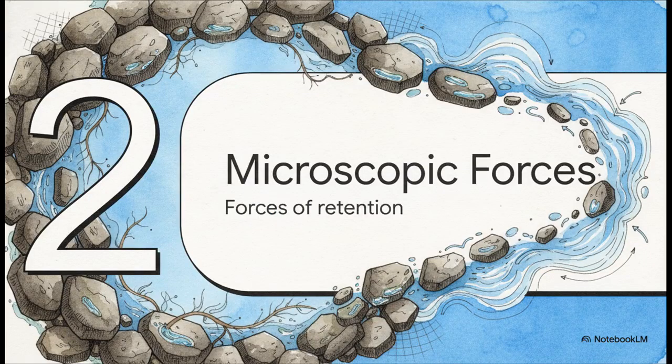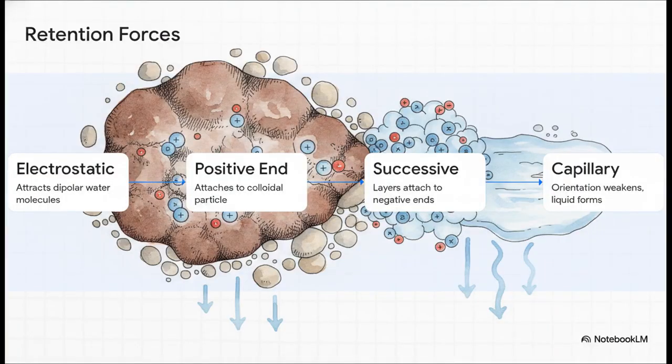Moving right along to Section 2, microscopic forces of retention. We know plants get their water from the soil, but how does the soil actually keep it there? Well, water is first absorbed with a D, meaning held onto by soil colloids like clay. Silt and sand actually do very little of this specific work. You can think of the electrostatic forces on these tiny colloidal particles almost like magnets.